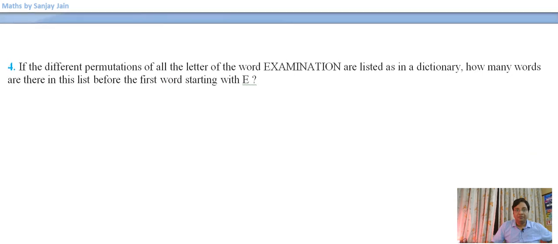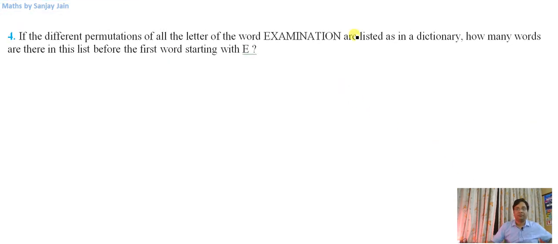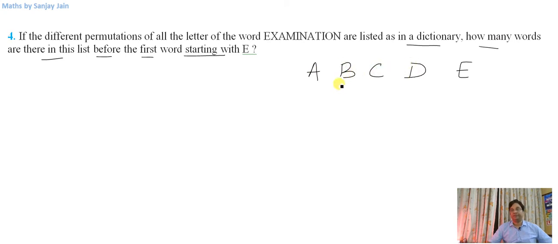If the different permutations of all the letters of the word examination are listed as in a dictionary, how many words are there in this list before the first word starting with E? So before E, the words can start with A, B, C or D, right?